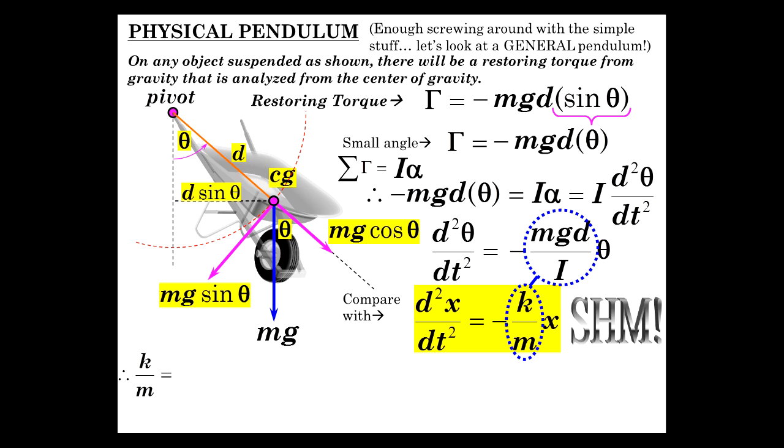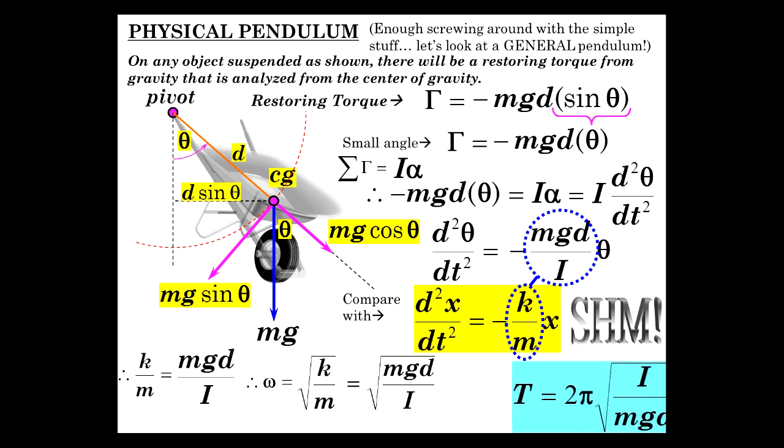get used to it. Now, therefore, k over m equals mgd over I. Omega is square root of k over m, so that's also equal to the square root of mgd over I. And omega equals 2 pi f, and period is 1 over that, so 2 pi over omega. So we have period is 2 pi square root of I over mgd.